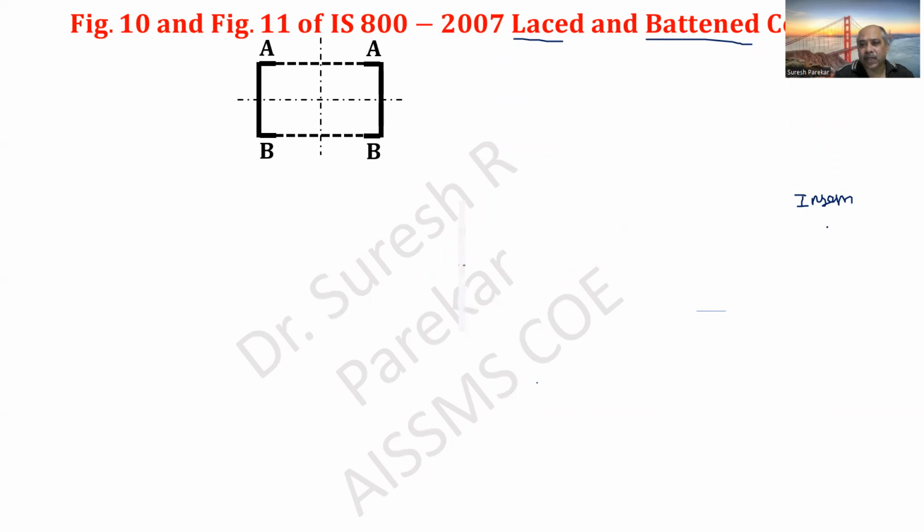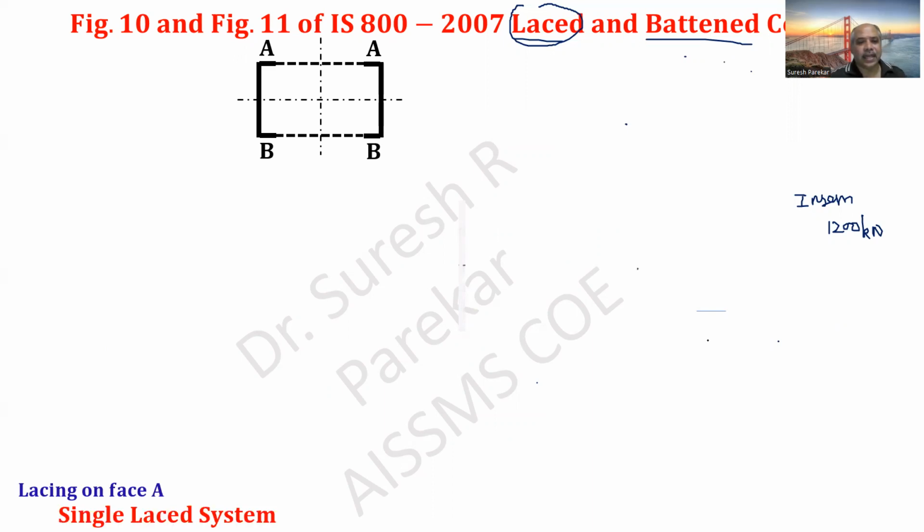He may give you some load, that is 1200 kilonewton, and ask you to find the cross section. In that case, you should be in a position. Or he may ask what are the different criteria for laced column and for batten column. So we have a video of batten also, and a video of laced column also. So go through them, and that will be beneficial for your oral.